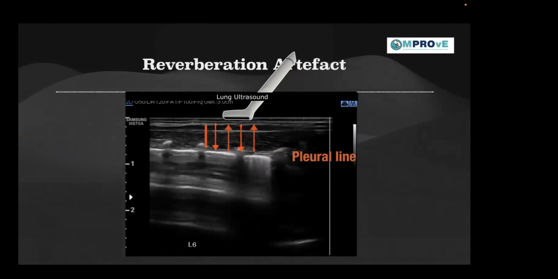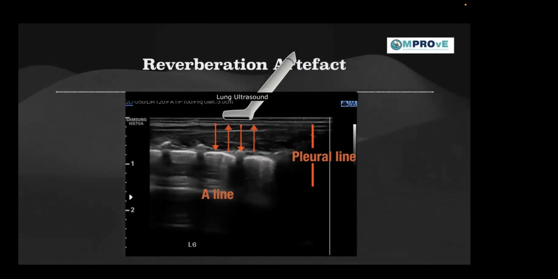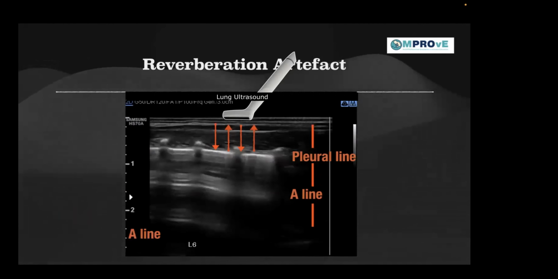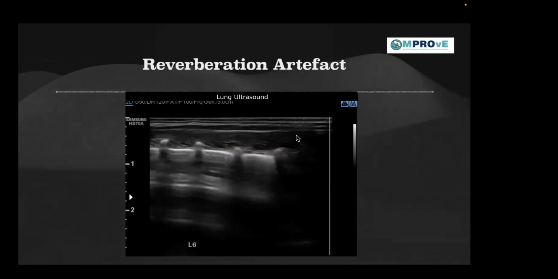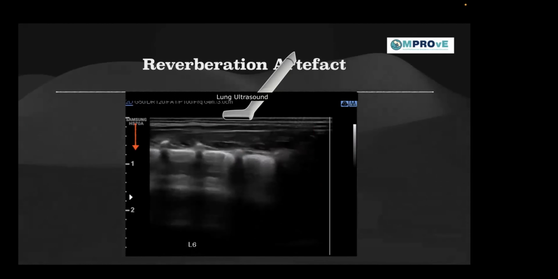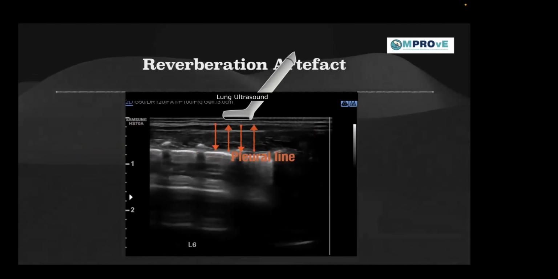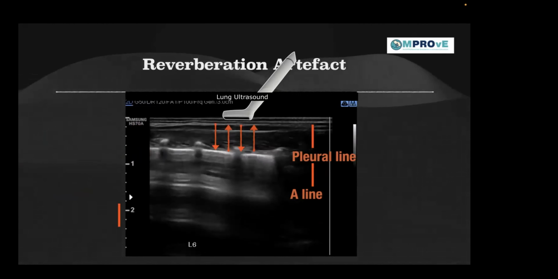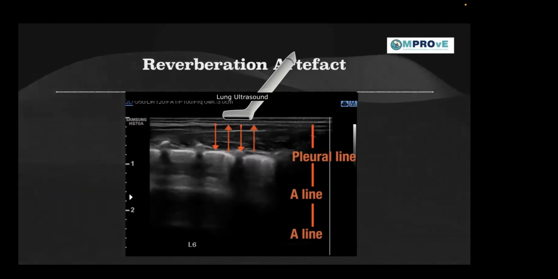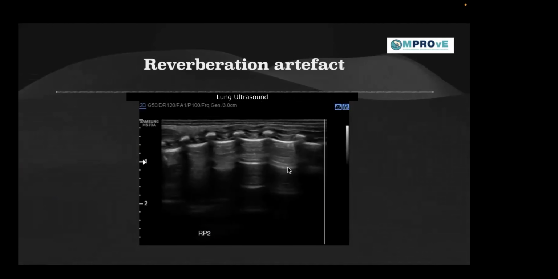So your A lines are generated equidistant from the pleural line. So your distance from the probe to the pleural line will always be equal in terms of generation of the A line. Moving on.